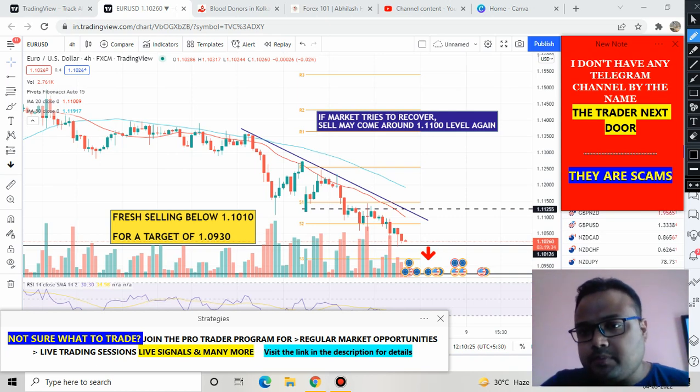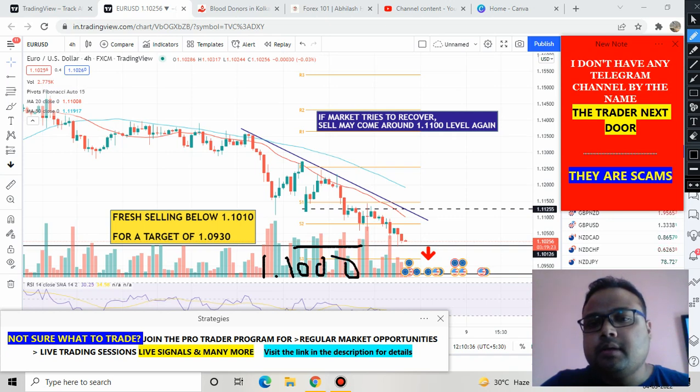So first of all, I would like to talk about a level of 1.1010. This level, or let's say 1.1000. This is the low made by the market yesterday. After that, market tried to bounce.